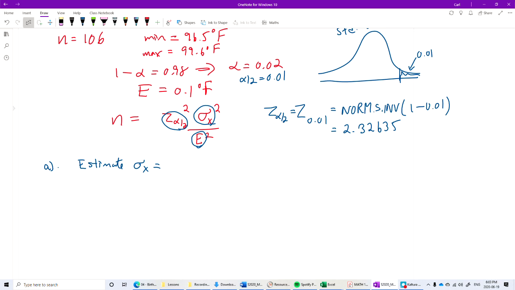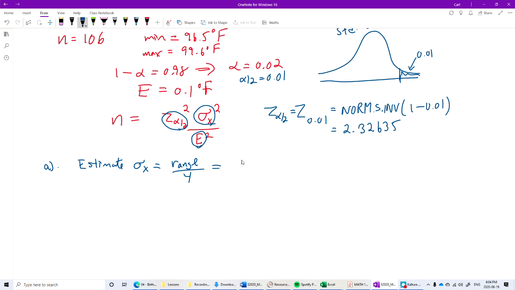In other words, the whole range of the data is 4 sigmas, because there's the middle, 2 to the left and 2 to the right. So this rule says to take the range and divide it by 4. That's an estimate of sigma, and it's a pretty rough estimate, but it's a way to do it.